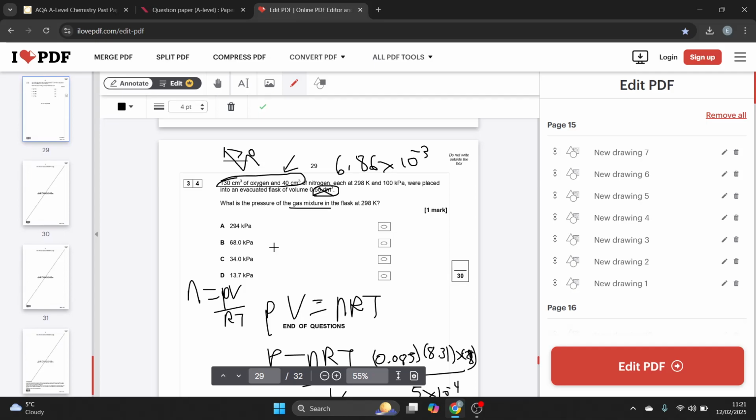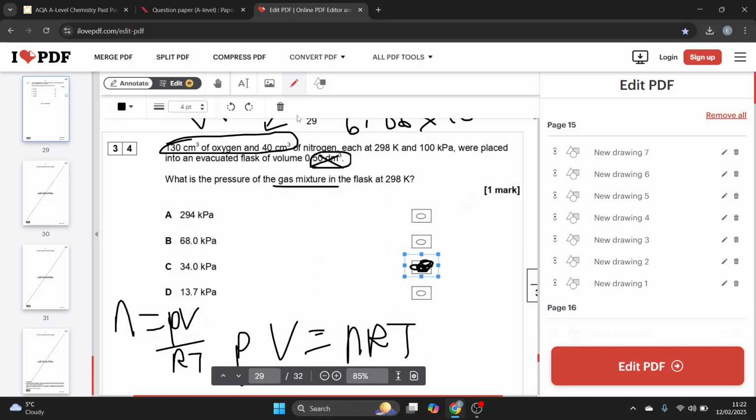And then I use PV equals nRT again to find the pressure: the number of moles times 8.31 times 298 divided by the volume, 5 times 10 to the power minus 4. Then I get 34,000, perfect, and that's in pascals, then divided by 1000. 34 kilopascals, perfect.